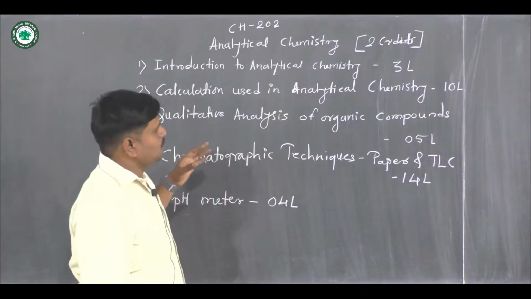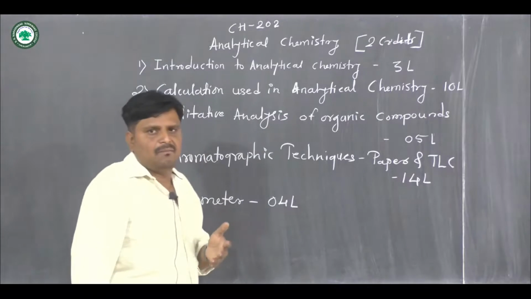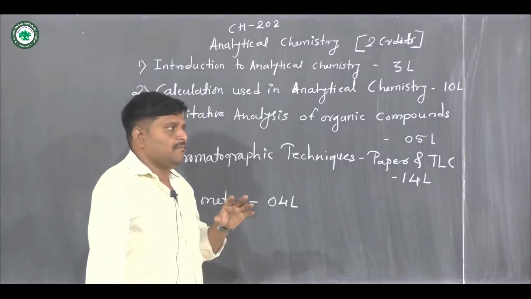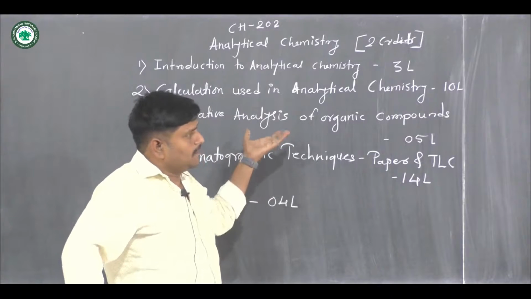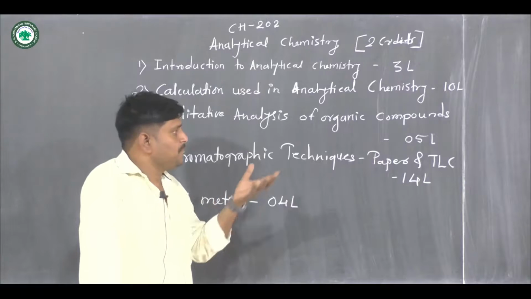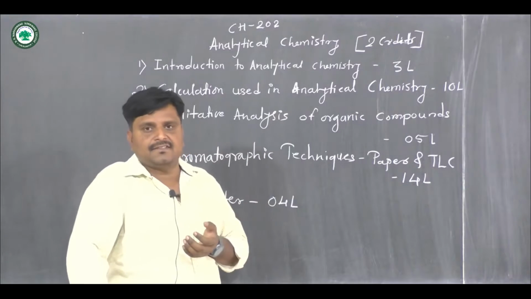Next is qualitative analysis of organic compounds, having only 5 lectures, and that is discussed not only theoretically but in the practical laboratory. Such techniques we understand very well by using practical techniques.